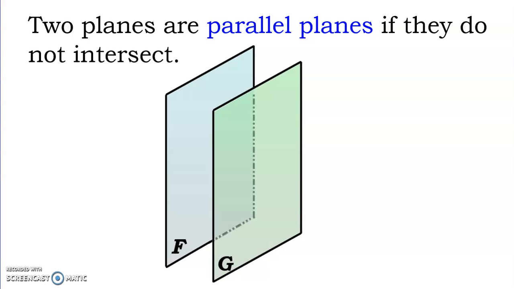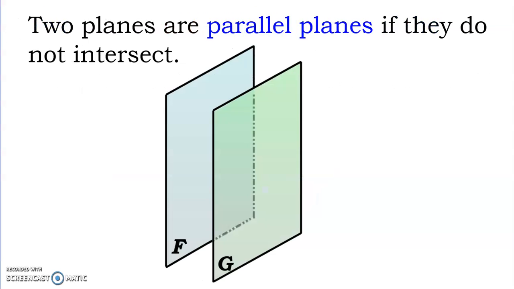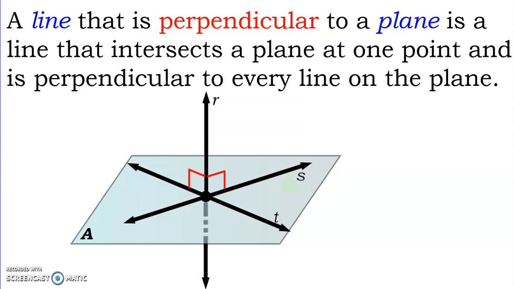Two planes are parallel planes if they do not intersect. So they are never going to touch each other. Those are parallel planes. Then we have perpendicular. A line that is perpendicular to a plane is a line that intersects a plane at one point and is perpendicular to every line on the plane. So line S and line T are in plane A, so you have to picture them all together.